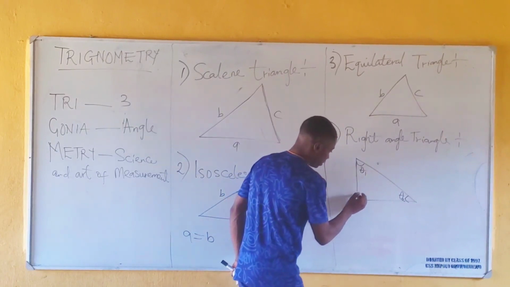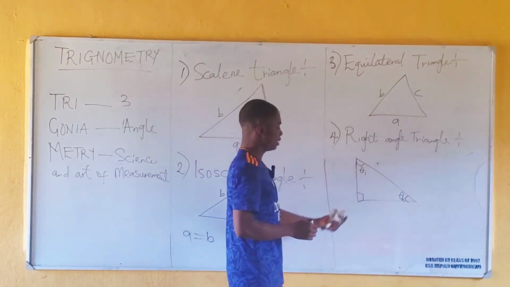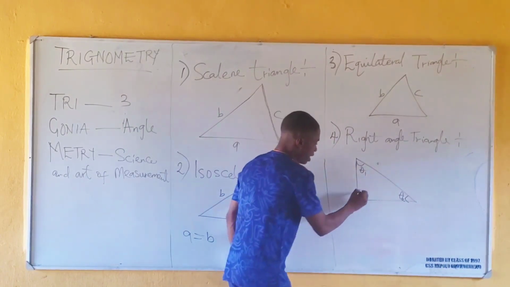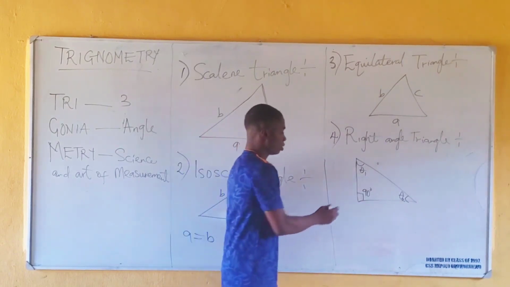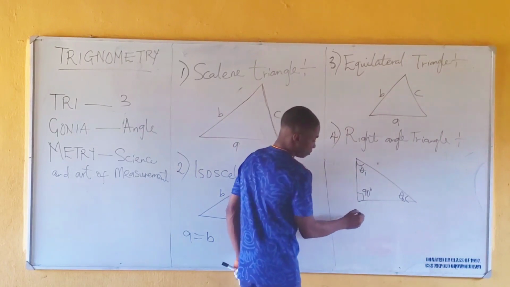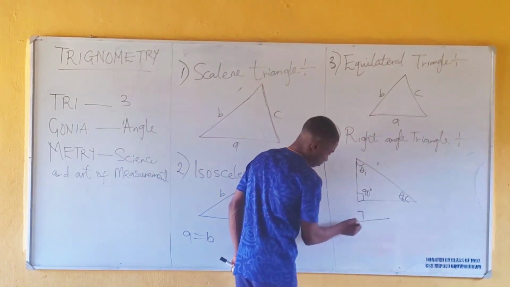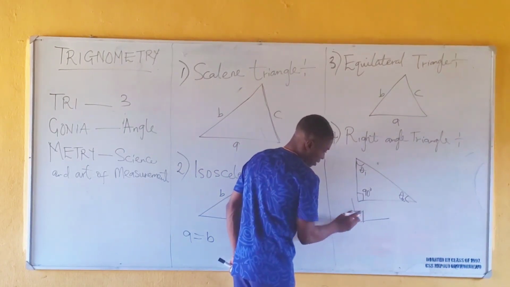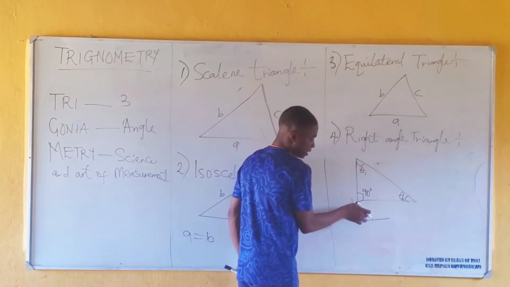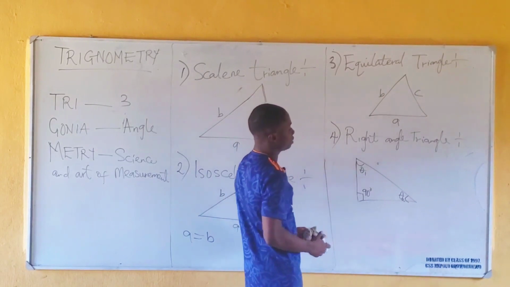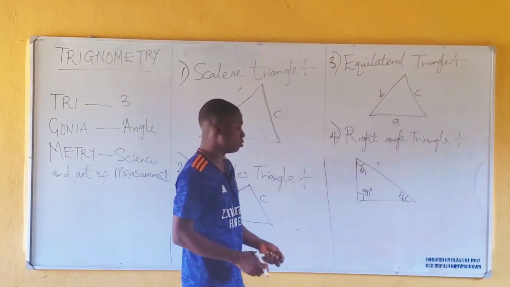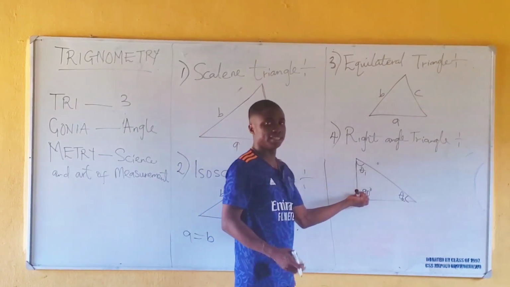Now, this sign shows that here is 90 degrees. So take note, whenever you see this sign, it means there is 90 degrees. So a right angle triangle is a triangle that has one of its angles to be 90 degrees.